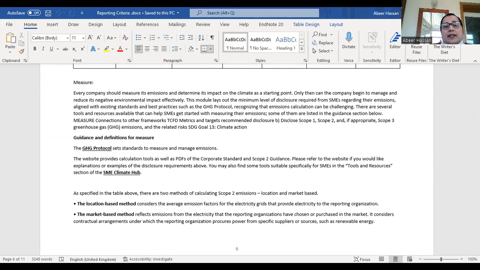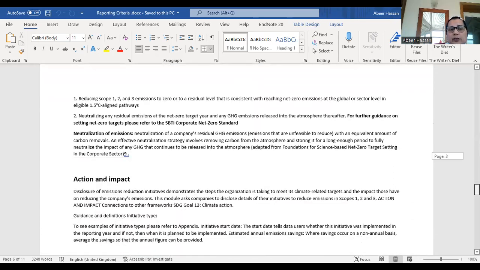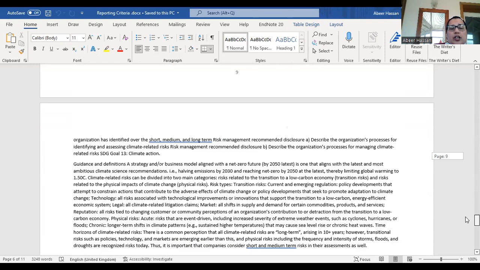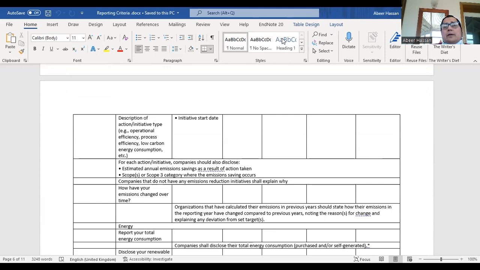So I'm summarizing this, and I think it will be very good to have with you, to look at the items you're supposed to disclose, how to disclose them, and whether it's a should or shall. What does it mean, measure? What does it mean, commit? What does it mean, action and impact? What does it mean, energy? I summarized them in 10 pages or so, and I think it will be very easy to use.